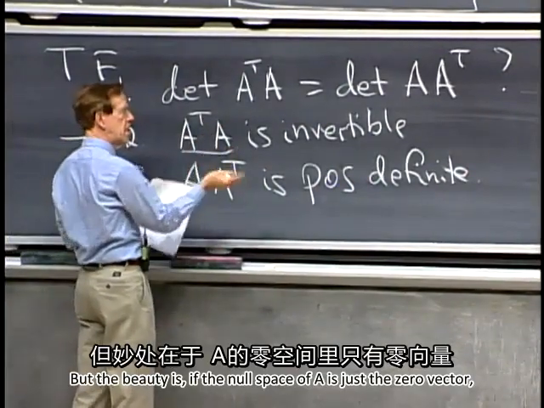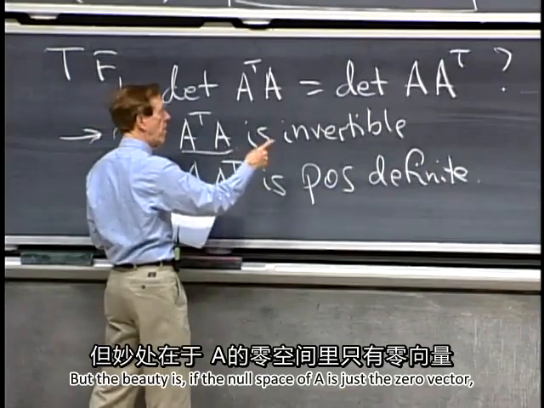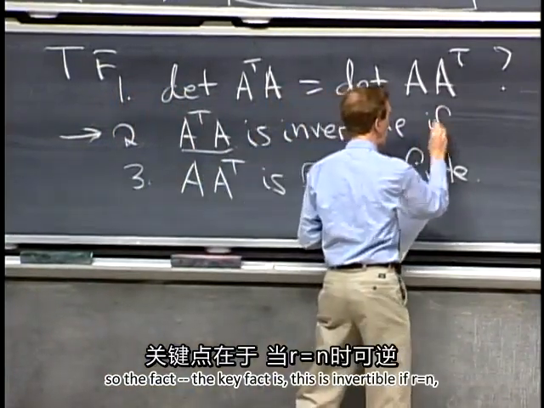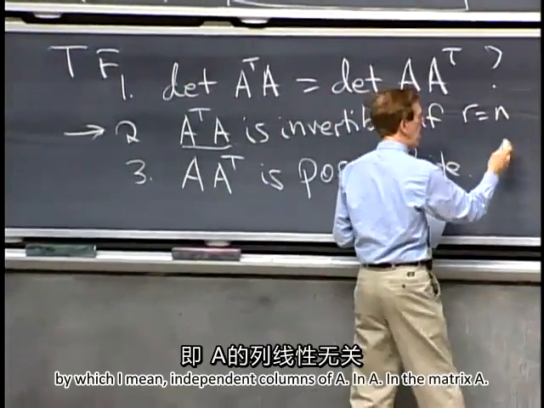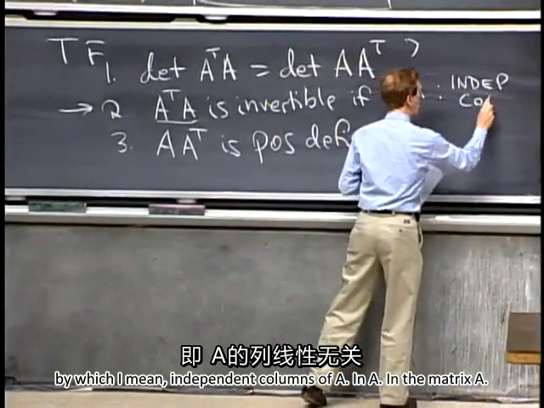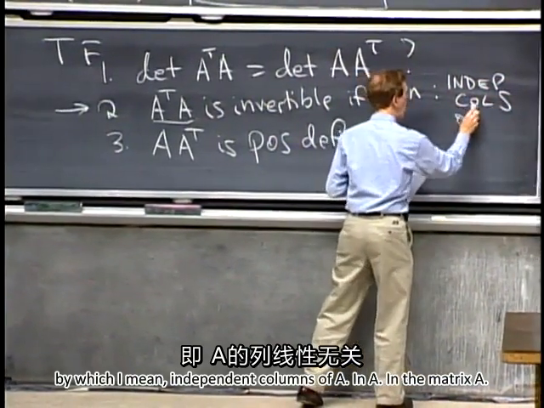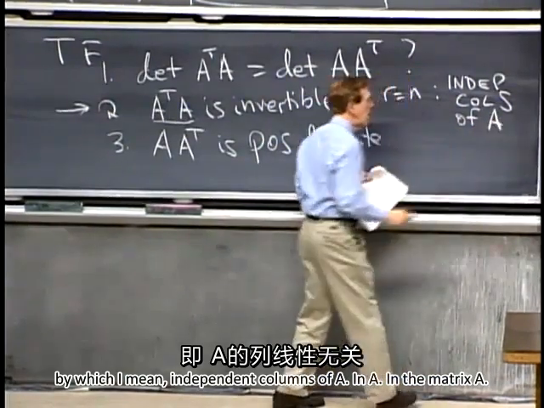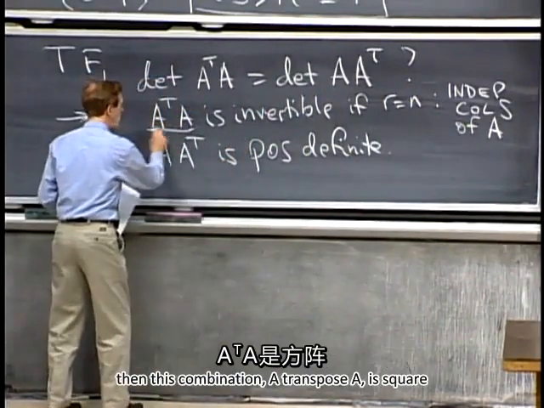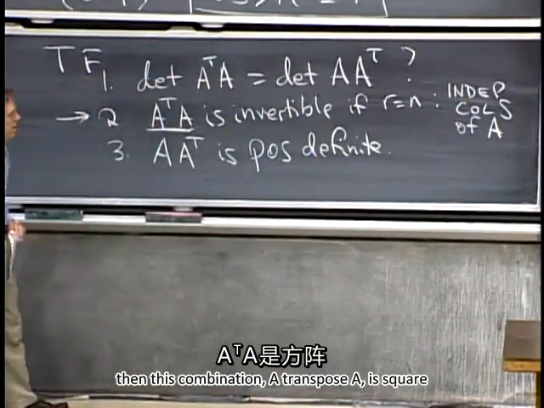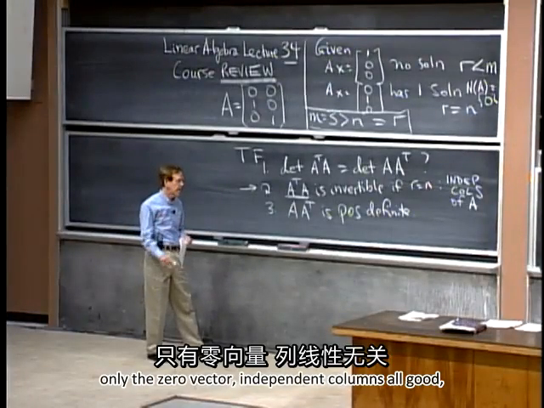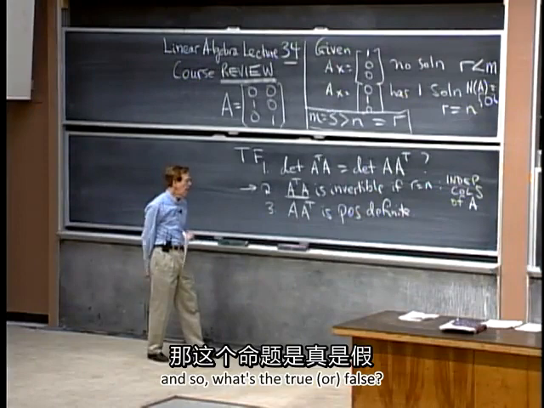But the beauty is, if the null space of A is just the 0 vector, so the key fact is this is invertible if r equals n, by which I mean independent columns of the matrix A. If the matrix A has independent columns, then this combination A transpose A is square and still has that same null space, only the 0 vector. Independent columns, all good.